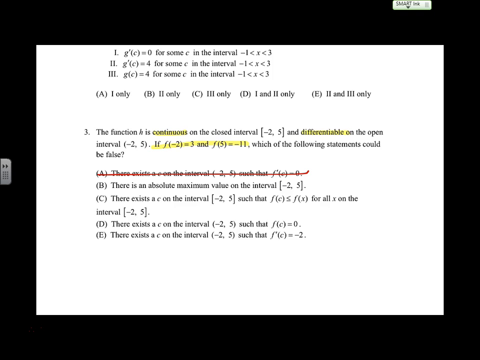This is a struggle. Wait a minute. A lot of these sound really good. Read the directions again. Which of the following statements could be false? Oh. Well, that changes things a little bit. We just crossed out the false one. Is that the right answer? Yeah. Absolute max, isn't that guaranteed by EVT? True. Hitting 0, isn't that guaranteed by IVT?